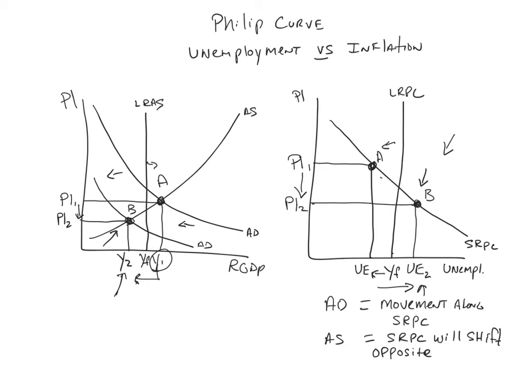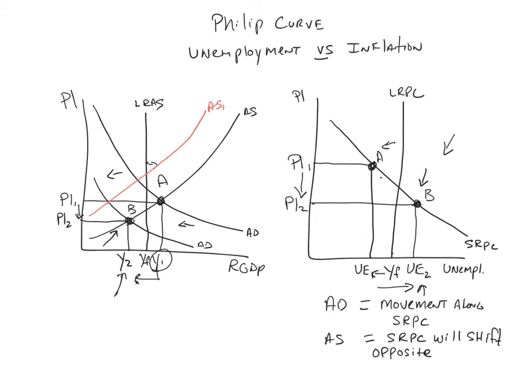So all of a sudden the short run Phillips curve shifts to the left. And let's say that's just because we don't have enough resources. We don't have enough human resources. Maybe we can't employ them, we can't produce enough. All of a sudden supply of our products are going down.